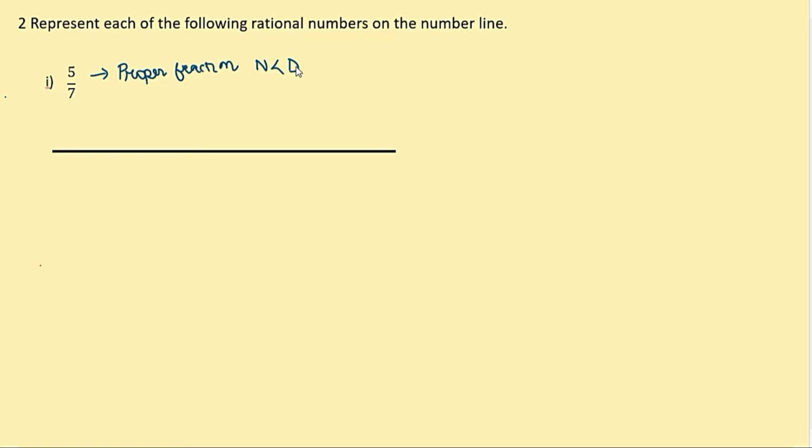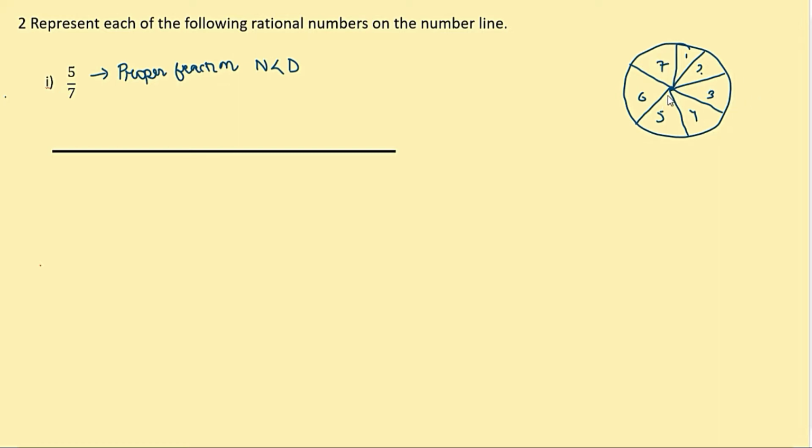Okay. Now do you know what is the significance of this 5 by 7 or any proper fraction in your day-to-day life? Suppose you have one big pizza and you are dividing this pizza into 7 equal parts, that is 1, 2, 3, 4, 5, 6, 7. Okay, 7 parts.